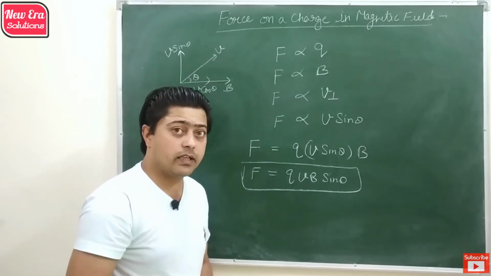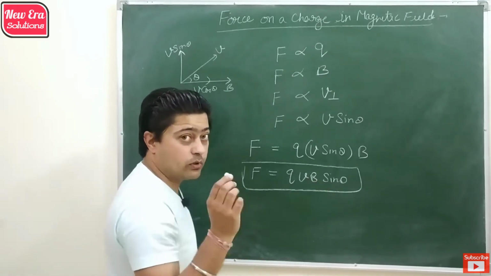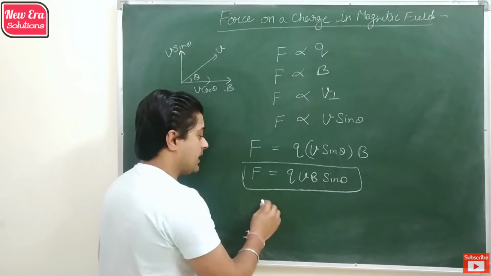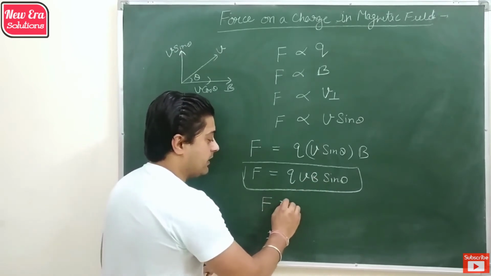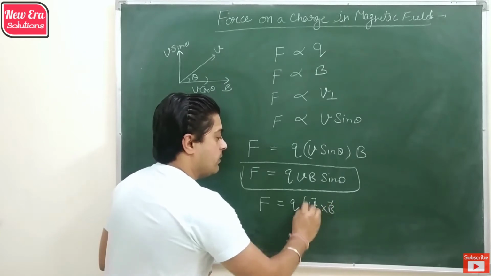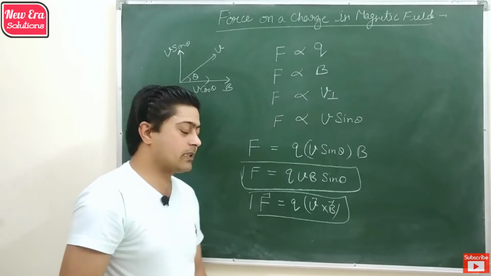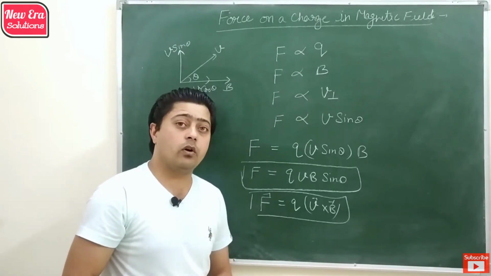If we want to write it in vector form, we know velocity and magnetic field are both vector quantities, so it can be written as q v cross B. So force in vector form can be expressed as q v cross B.